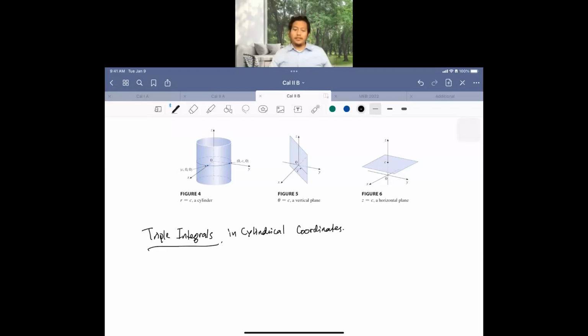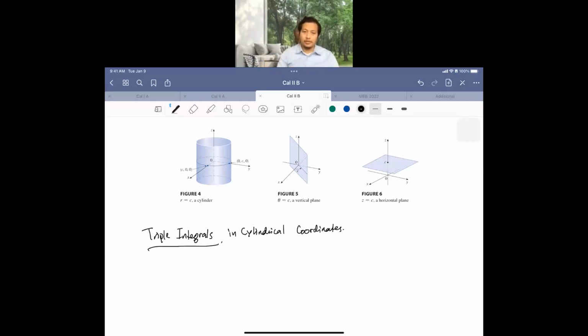Basically what we have here is similar to what we have in the polar system in the double integral, but in the triple integral you just need to add another variable z. Now suppose that E is our solid.